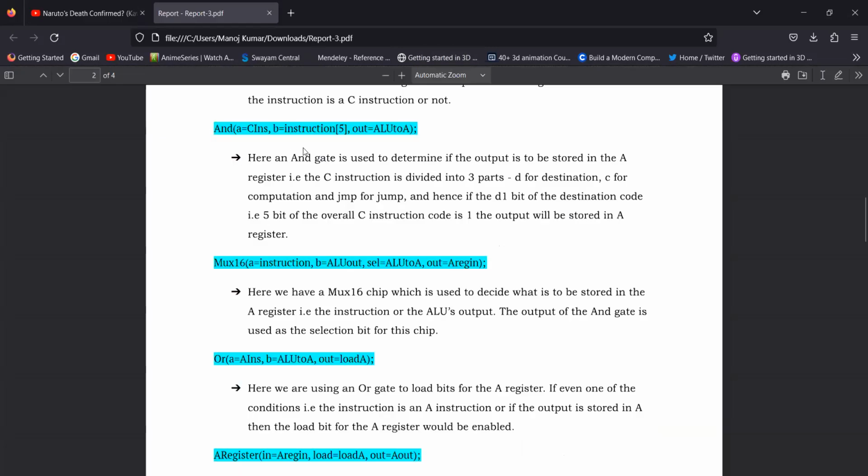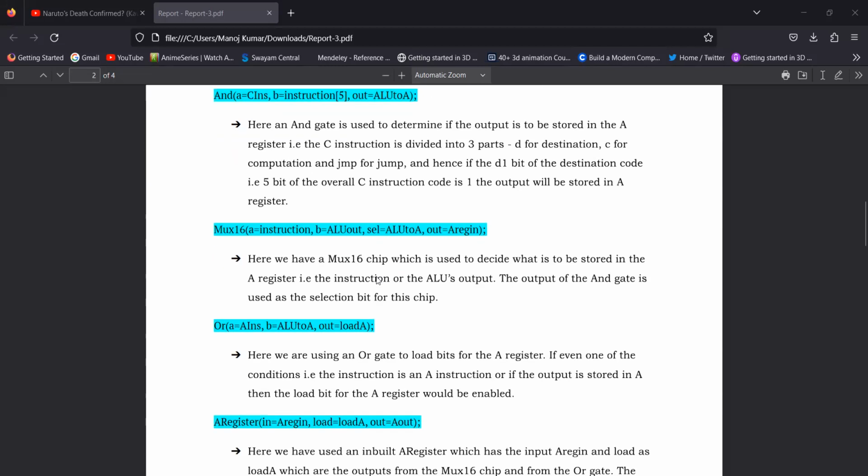Hence, if both the instruction is a C instruction and the d1 bit is 1, then the output is to be stored in the A register.